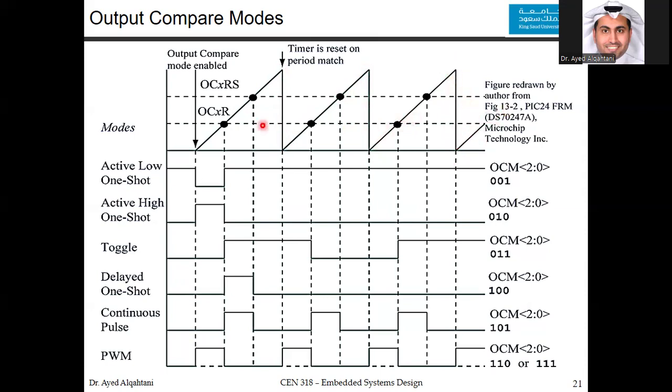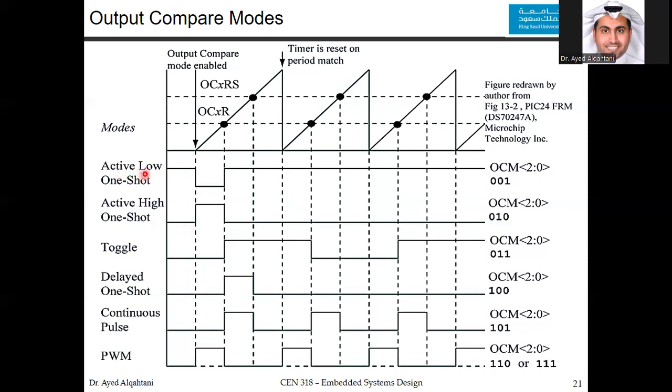Then it goes back again, starting from 0 to the maximum, and so on. So it's periodic. At a certain point, you will hit the OCR, whatever value you put in the OCR register, you hit it first, and then after that, the secondary register, the OCRS. Based on these two points, it defines the types of pulses.